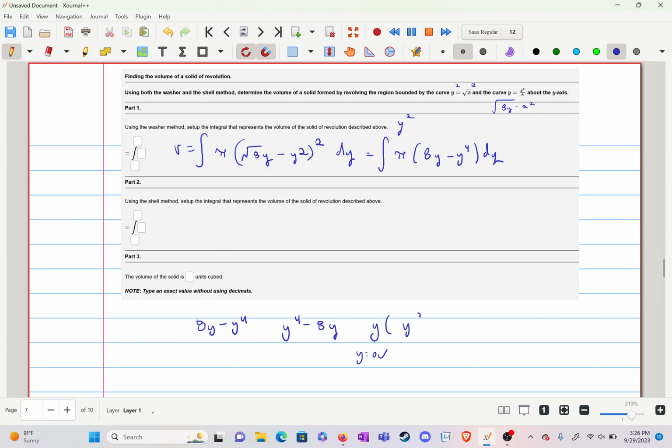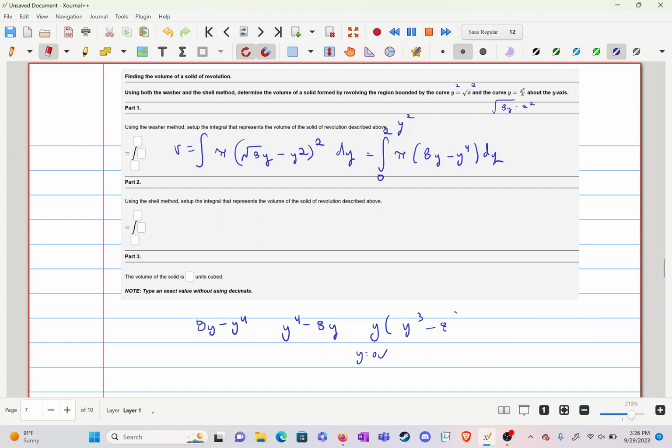Then we have y cubed minus 8, and the cube root of 8 is going to be 2. And there you go, y equals 2. So we have our bounds from 0 to 2 of this expression.